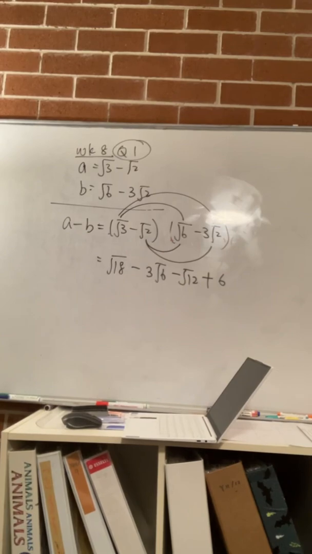And this one can separate into root 6 times root 2 minus 2 root 2. Remember, you split into 2 times. That's what you're going to do. Yeah, that's right. And then tidy up.